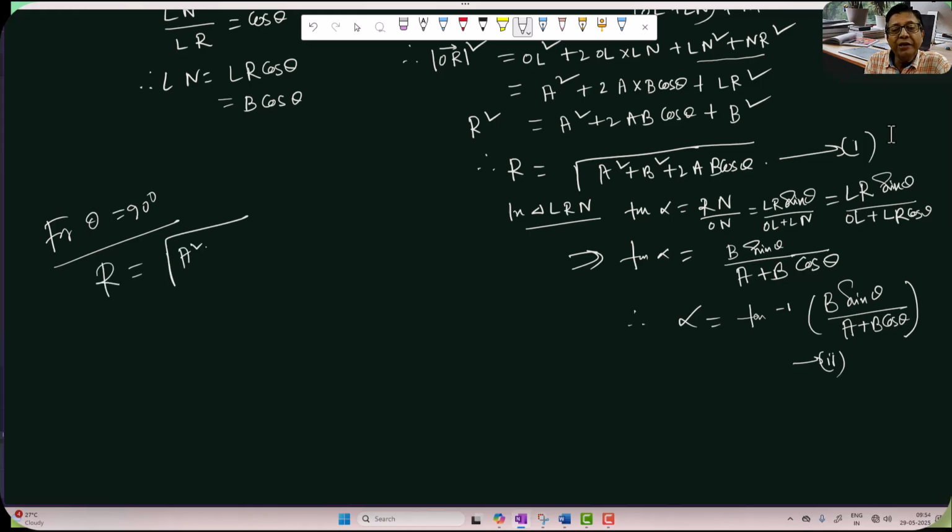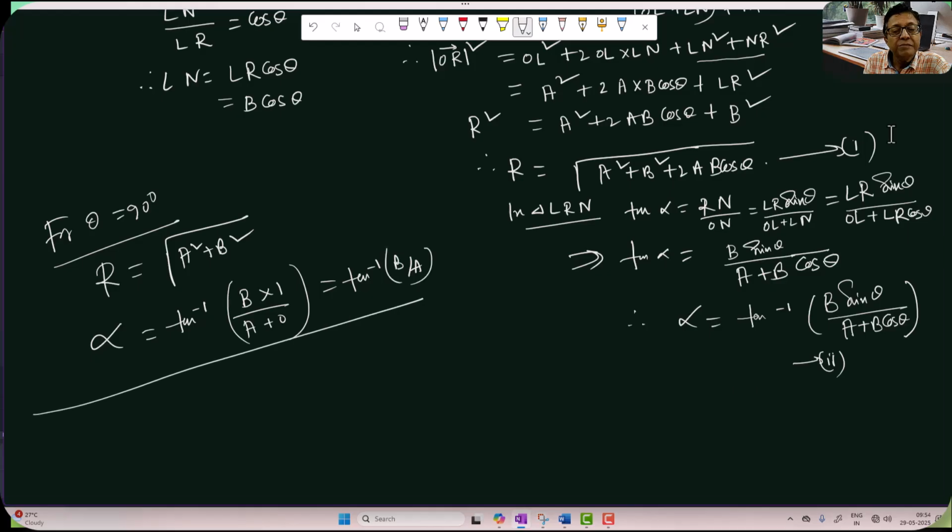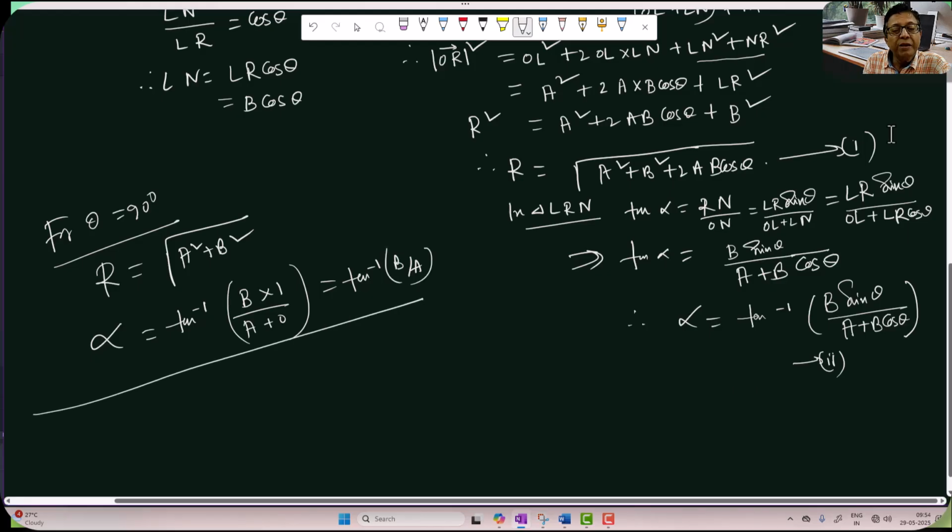For theta equal to 90 degree, R is going to be under root A square plus B square, because cos 90 is 0, and alpha equal to tan inverse B sin 90, that is 1, by A plus B cos 90 equal to 0, that is tan inverse B by A.